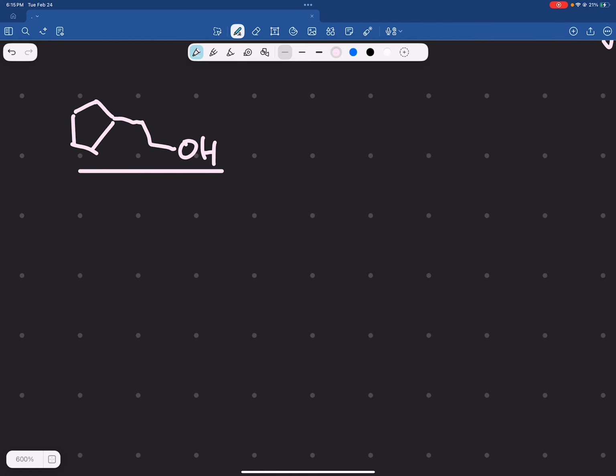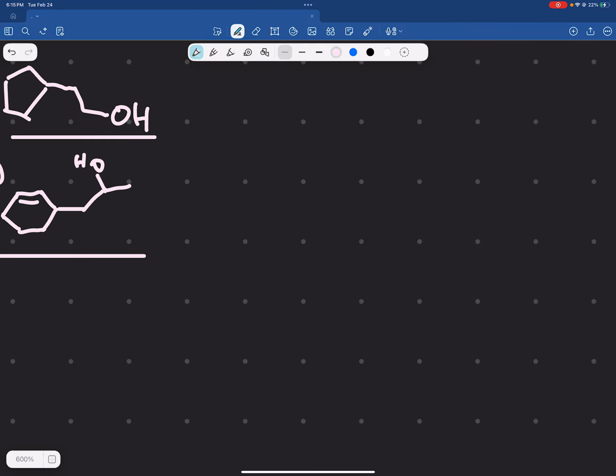And something like this, how would you prepare that? Let's call this A, and let's call this B. How would you prepare these two compounds from an organohalogen compound and an oxirane?